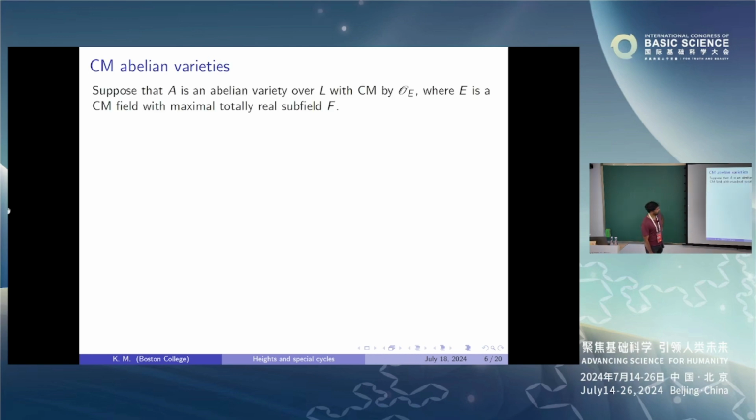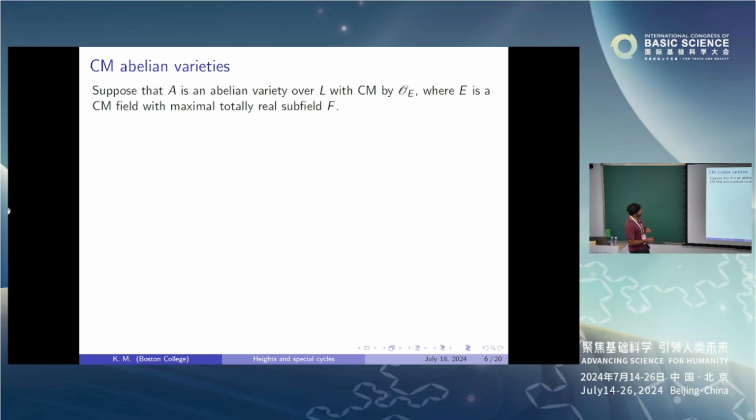So this story can be generalized to CM abelian varieties. You get an elliptic curve by taking C mod a lattice. You get an abelian variety by taking C^g mod some appropriate lattice with some properties.